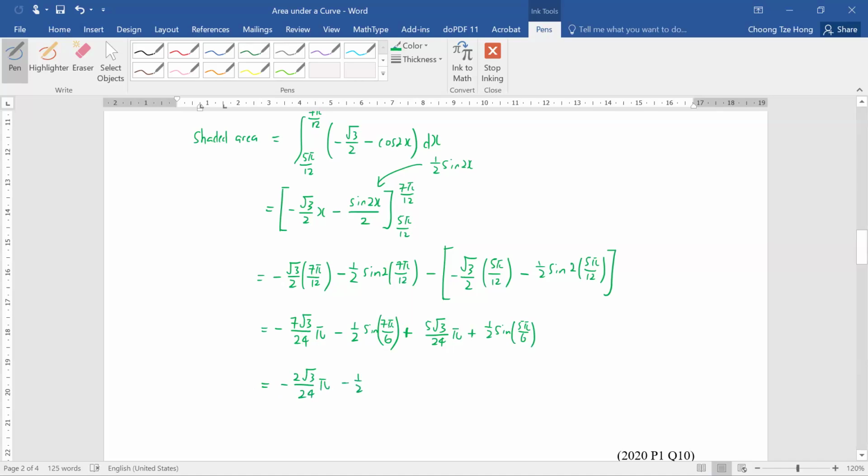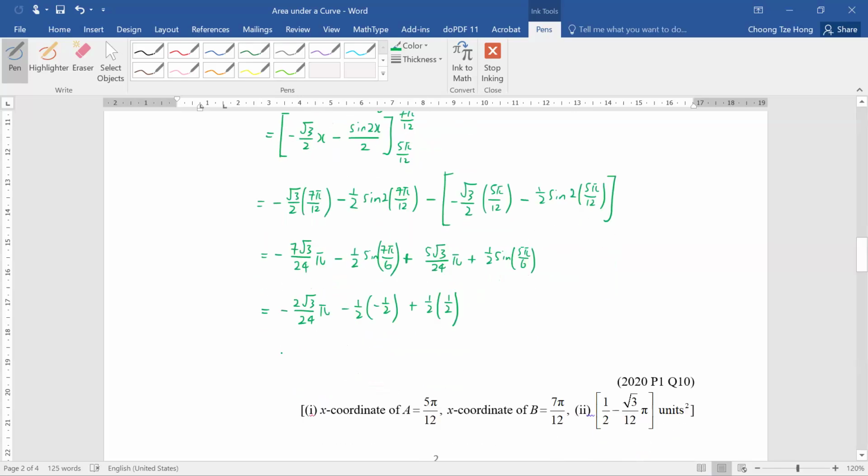Sine 7 pi over 6, if you calculate it out, you'll get negative half. So here negative half. Then over here, sine 5 pi over 6, use your calculator, you will end up with half. From here, we should be able to simplify. Half times half will give you 1/4.